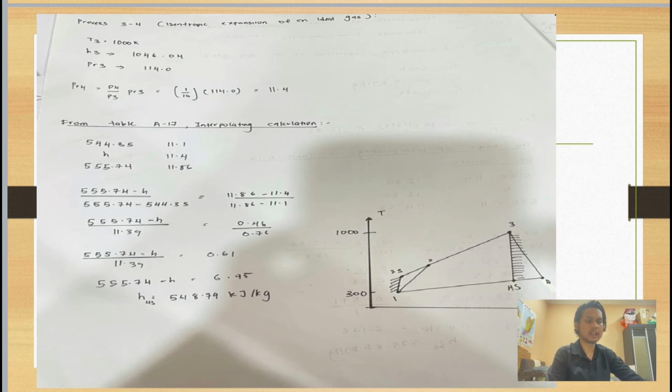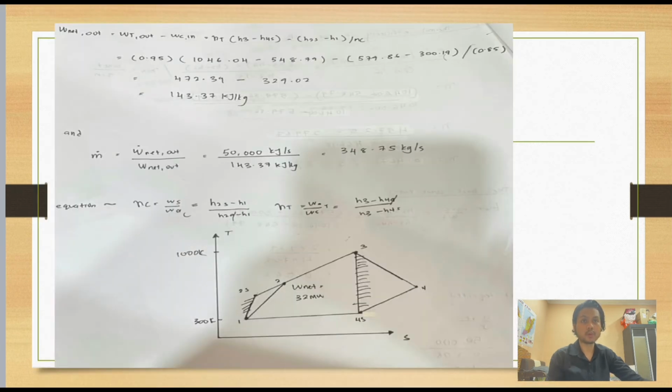After we collect H3, H4, H2 and H1, we need to calculate W net before we calculate the thermal efficiency. The formula for W net is H3 minus H4 minus H2 minus H1, but this time we have the condition given, the isentropic efficiency of 95% and 85% for the compressor and turbine.